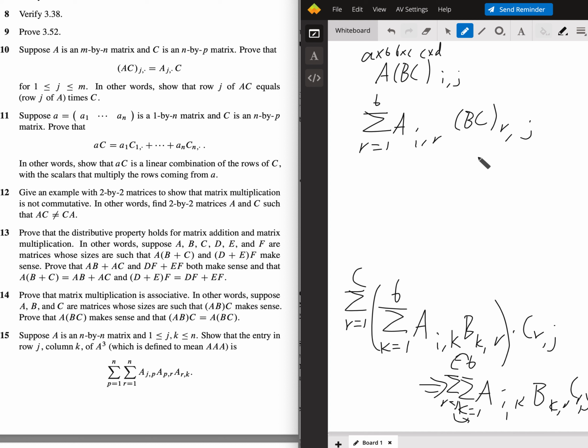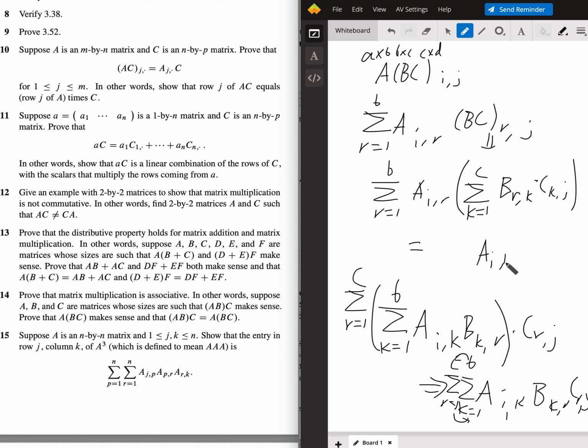Yeah, and then you can break this up in the middle. Let's say r goes from k and then, yep. Now I multiply them all together like this.